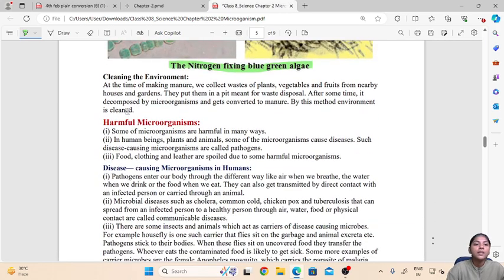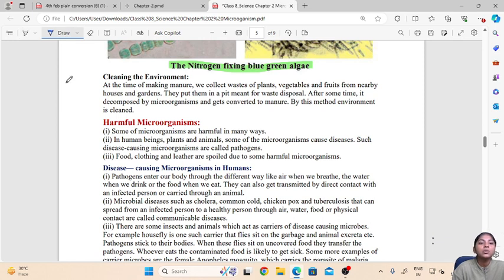Then the next point is cleaning the environment. At the time of making manure, we collect waste from plants, vegetables and fruits from nearby houses or garden, or any organic house waste which is produced, and we put them in a pit meant for waste disposal. After some time, all this organic waste will get decomposed by the microorganisms.